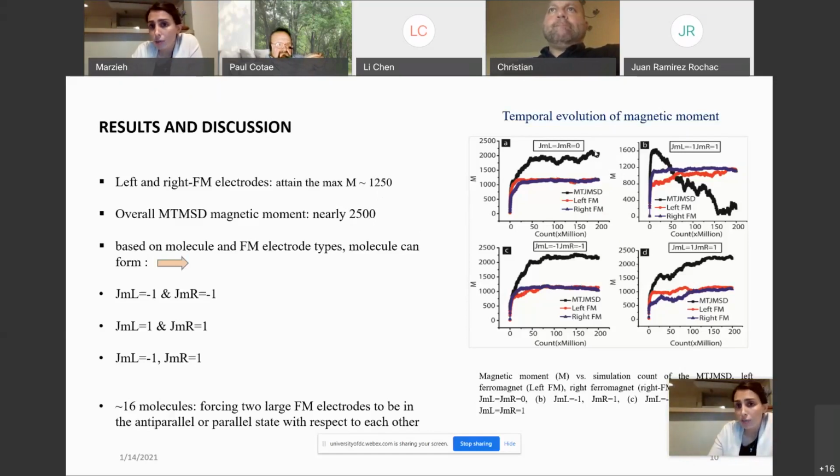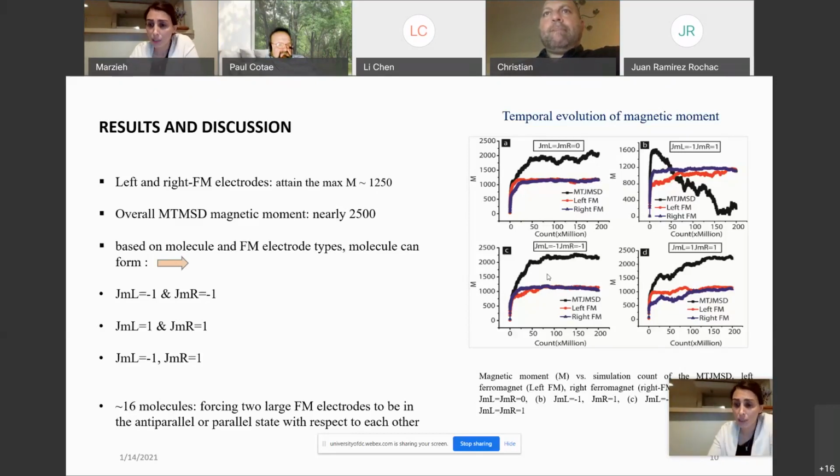When we have no coupling between the molecule and the electrodes, the electrodes are independent of each other. We see the total device magnetization, and we can compare this with other cases where we change the coupling rates.